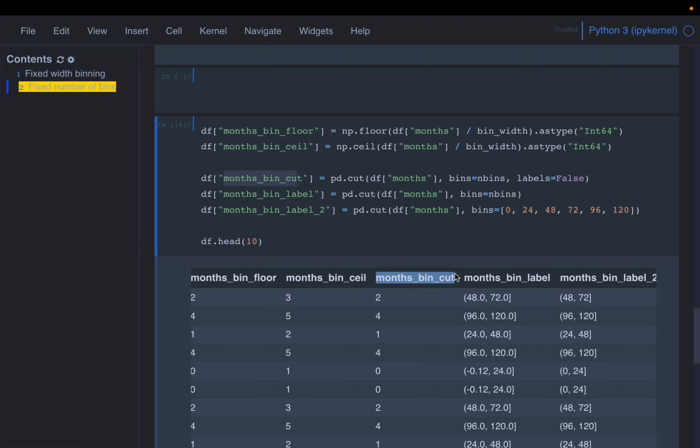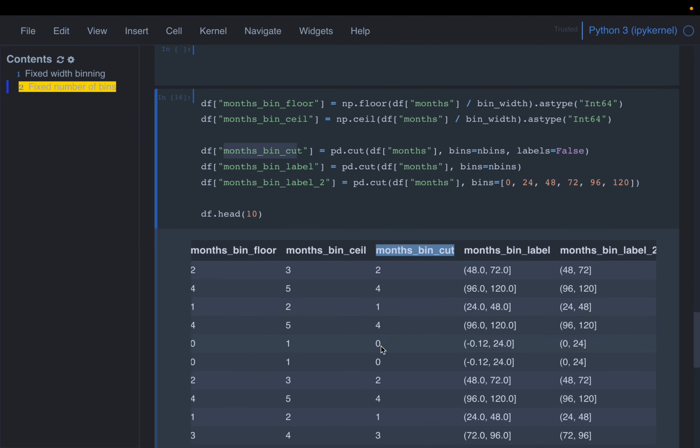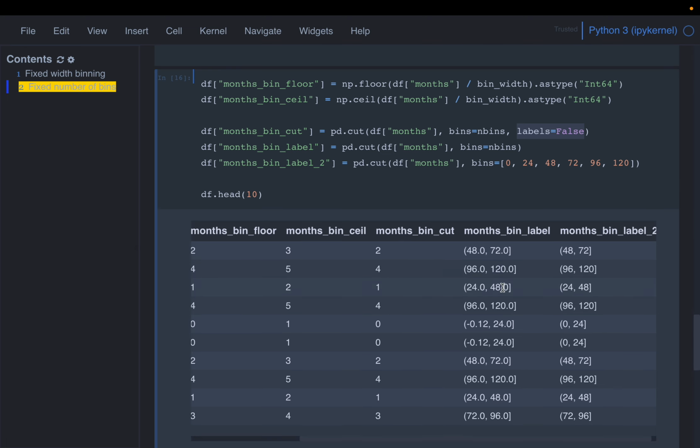The index starts from 0 and it returns this integer value. Now, if we call the same function without labels equal to false, so we are essentially enabling the label, instead of this integer, it will return the bin boundaries.